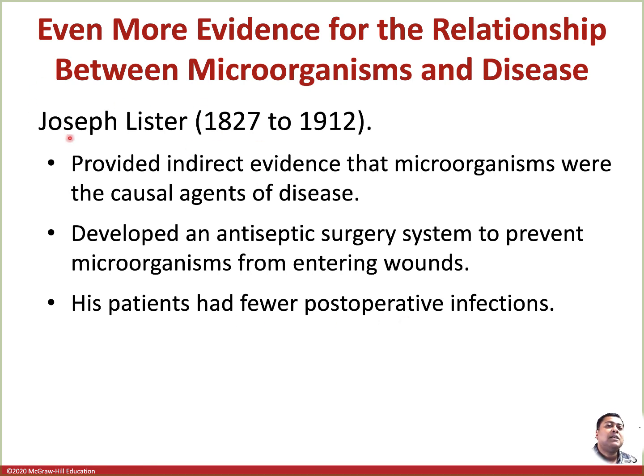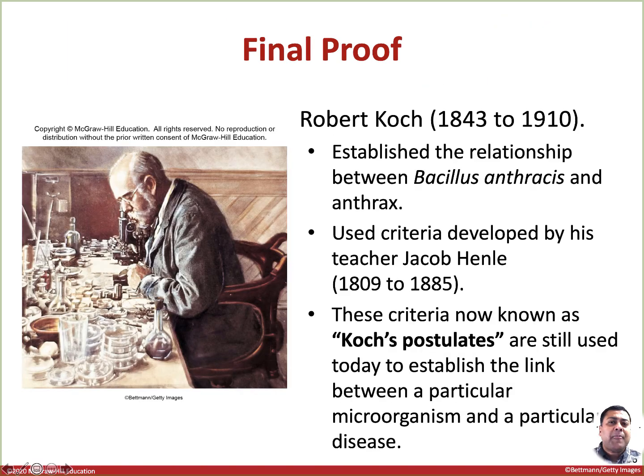And how do you remember Joseph Lister's name? Remember the mouthwash Listerine. It is named after Joseph Lister, and that will allow you to remember this name. So just a couple of different names which are really important.